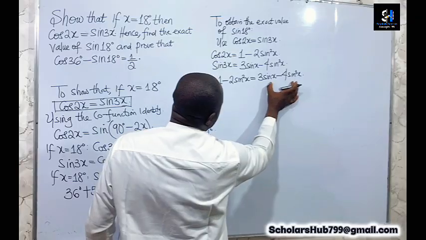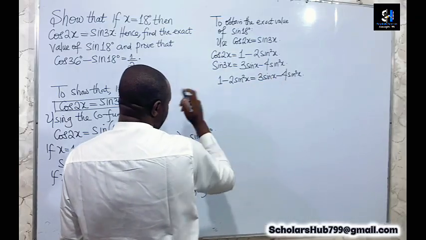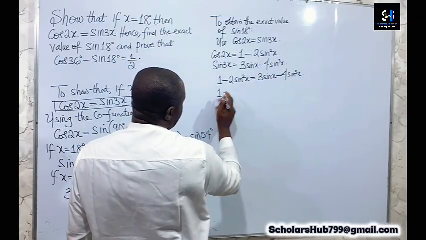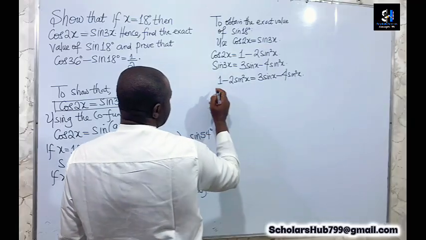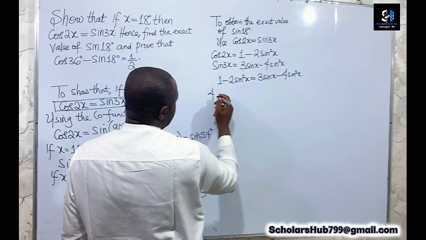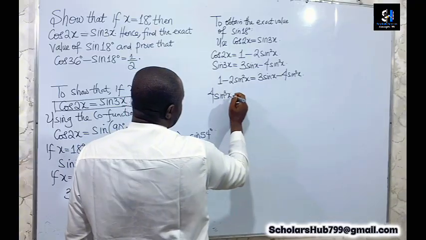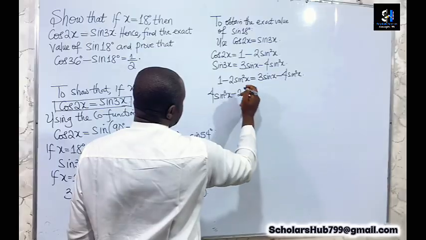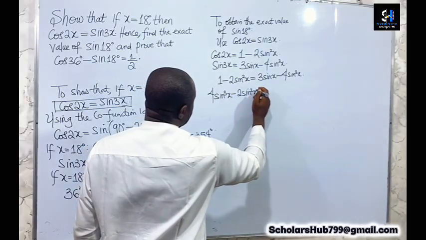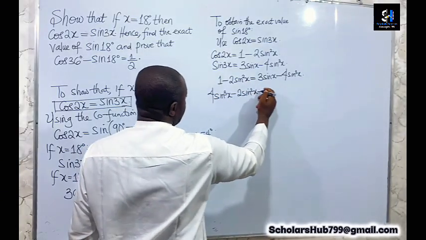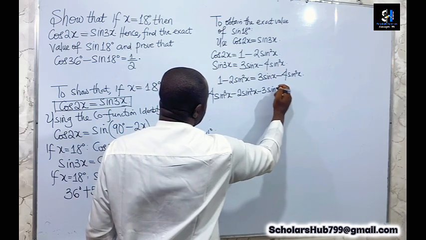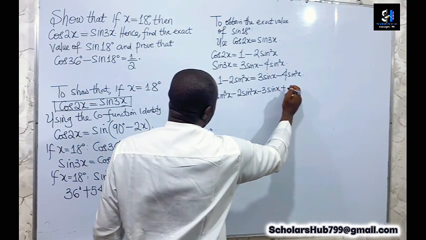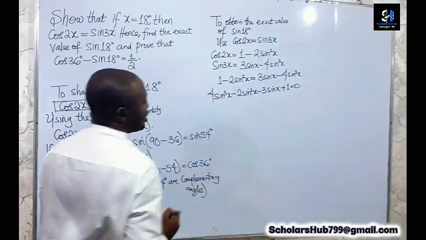Now I'm going to carry this to the left side of the equation. When this is moved to the left side, it will be positive 4 sin cubed x, then minus 2 sin squared x, then minus 3 sin x, then plus 1 equals 0.